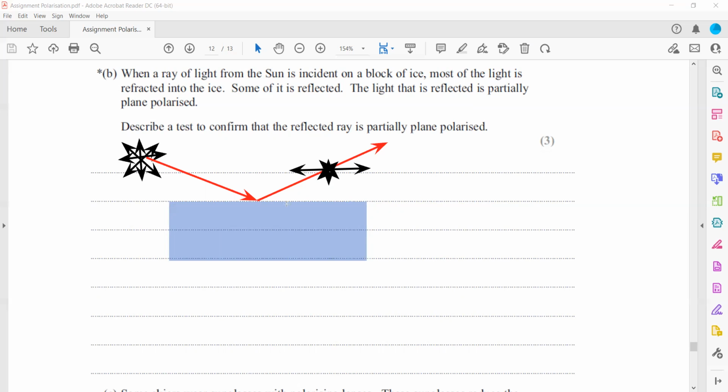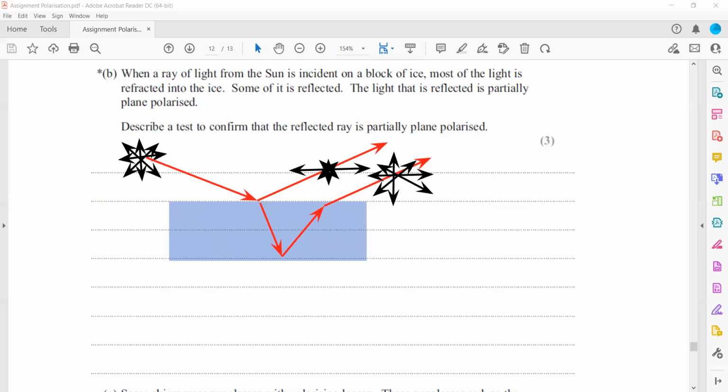And the light which enters and bounces back is still unpolarized light. So how can we confirm that the light is polarized? We don't have to bother about the refracted one. For the reflected one, we have to show that it is polarized light. So how can we test this?